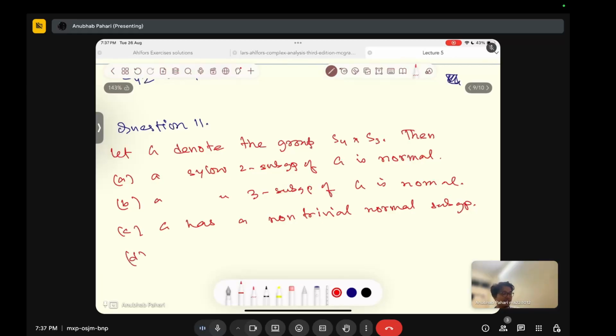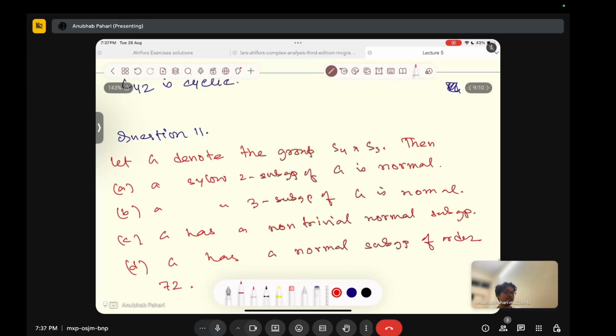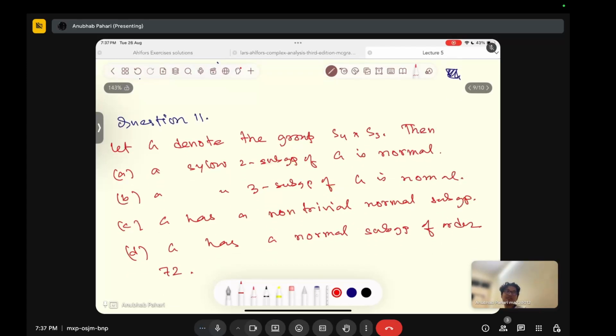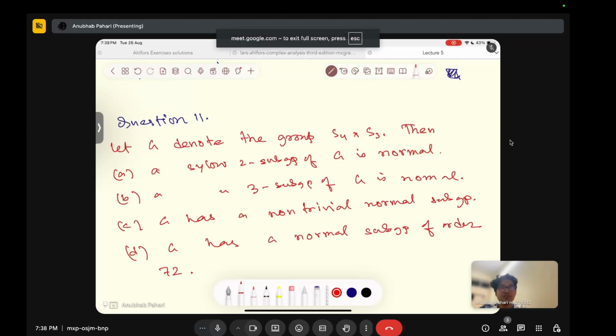And option D: G has a normal subgroup of order 72. You can just try it and let me know.